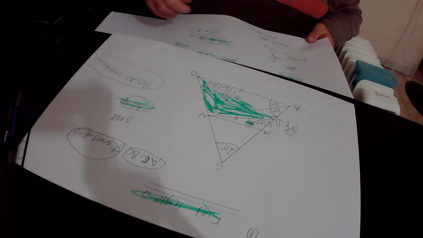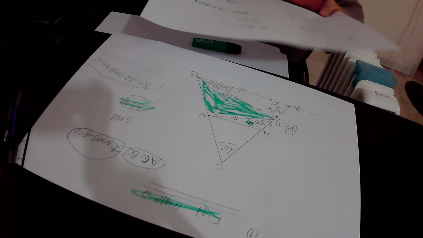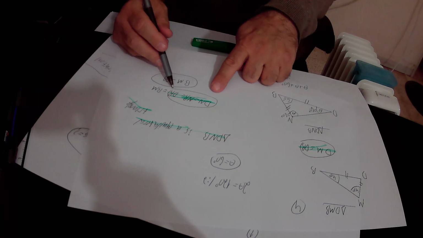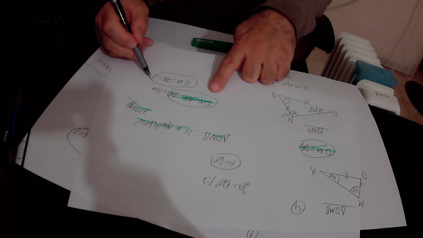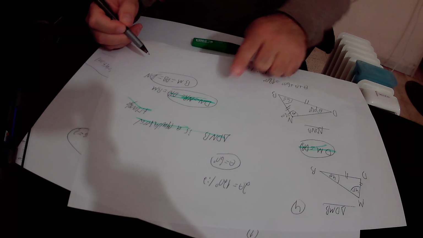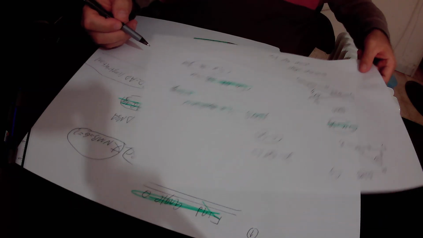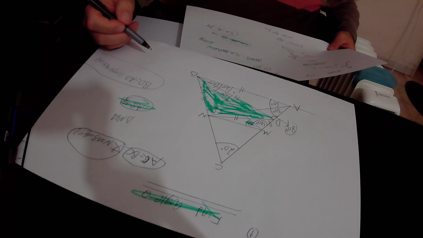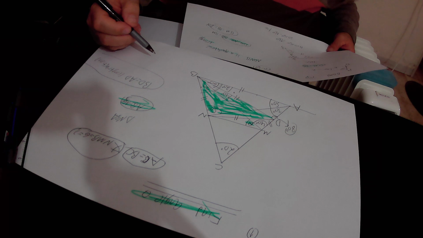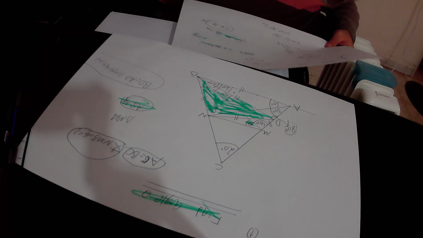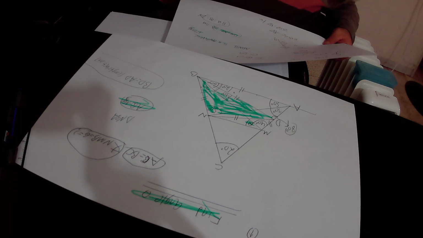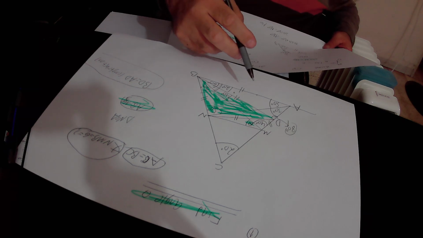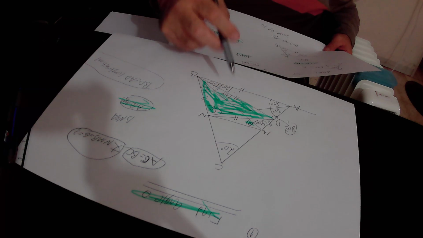DB equals DN, so I can write here that DB equals DN, and so DM equals DN.